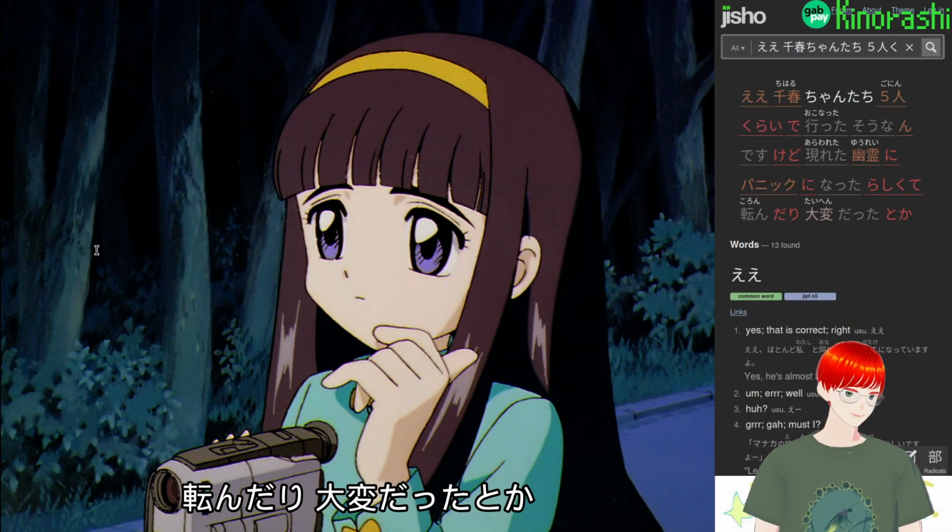This tari dotty structure is used to list actions or states.